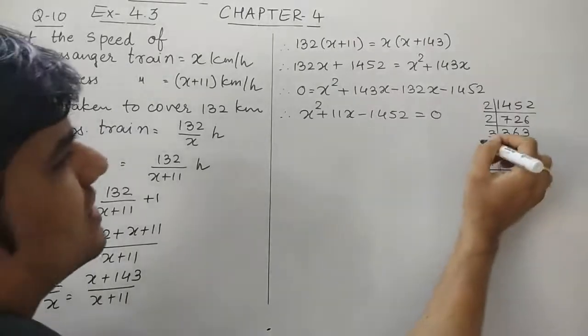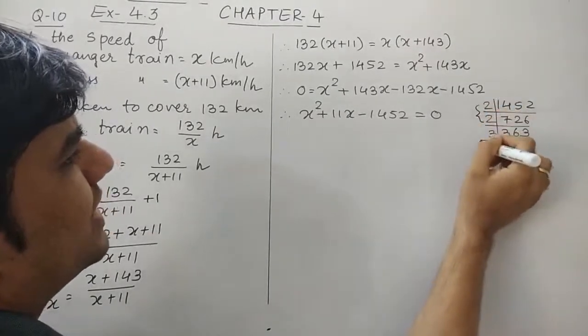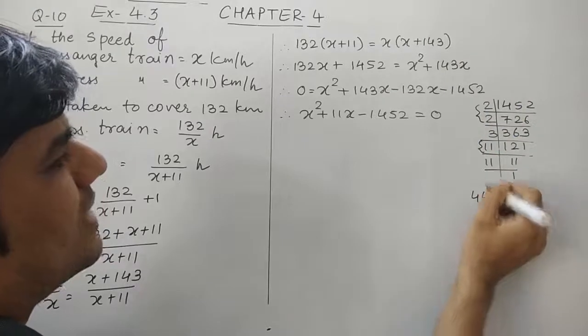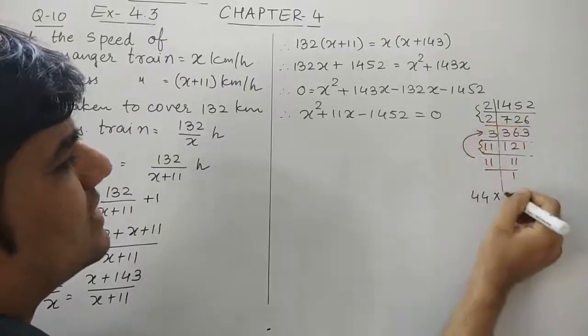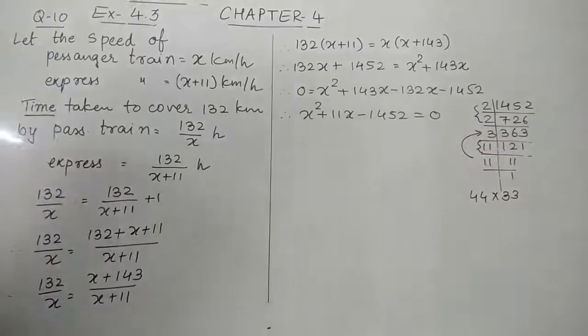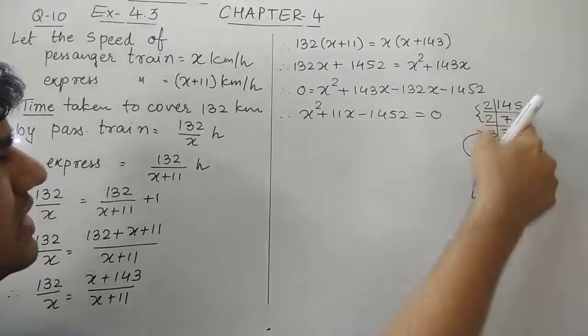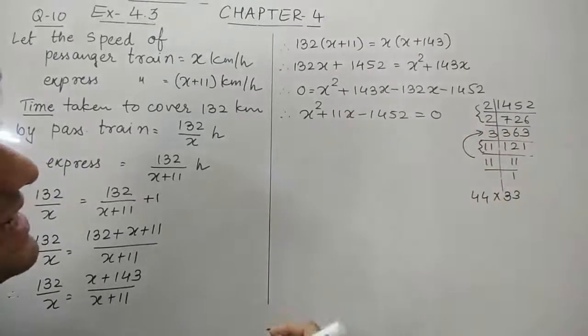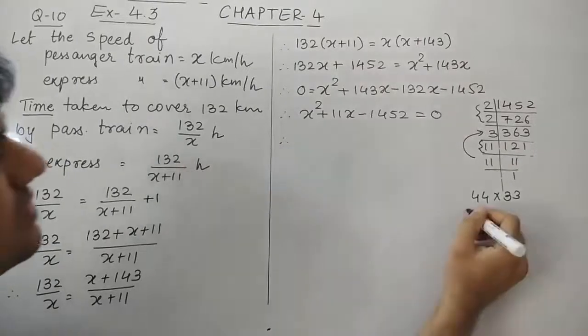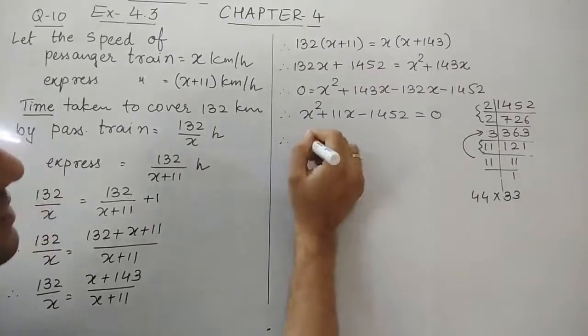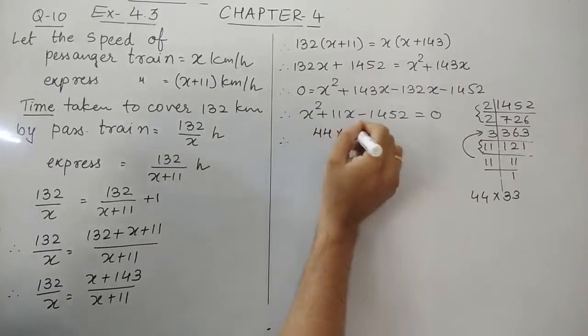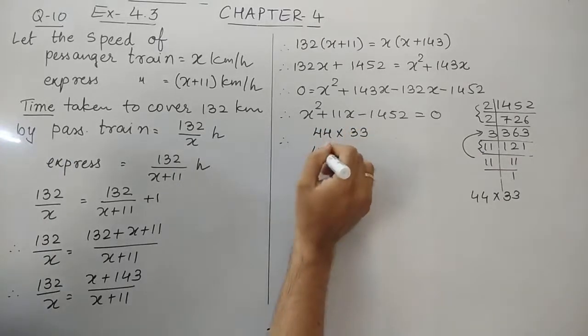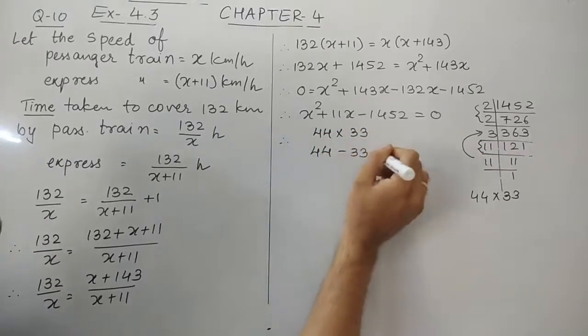Look at this: if I take the product 2 2s into 11, that is 44, and 11 into 3, that is 33. So this product is what we required and the subtraction is 11. So the factors are 44 into 33 is the required number, and 44 minus 33 is 11.